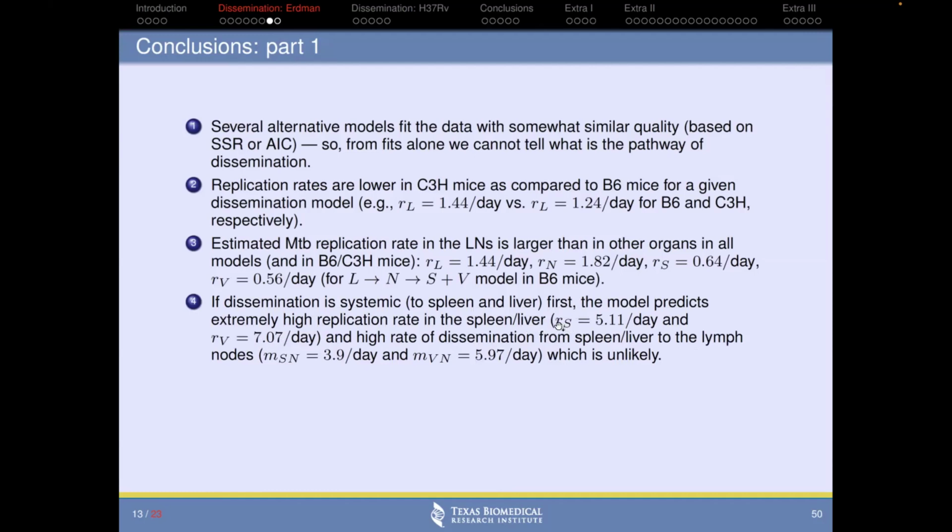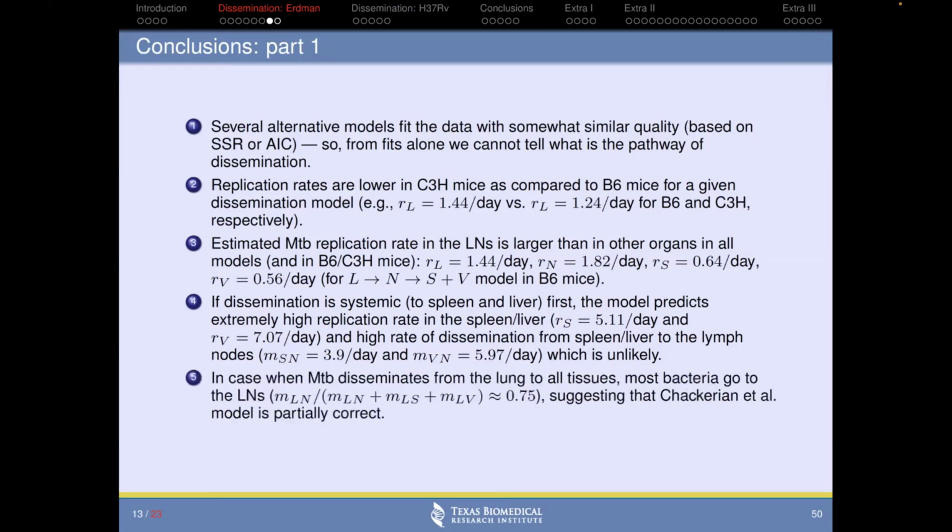So, for example, the rate of replication of bacteria in the spleen was estimated to be 5 per day, and we think that bacteria probably divide at most once a day, maybe even less than that. These are very slowly replicating bacteria. So another take-home message here is that your model may be able to fit the data perfectly fine, but the parameters at which it's doing that are not physiological, and this would suggest that this particular model perhaps is not a good one.